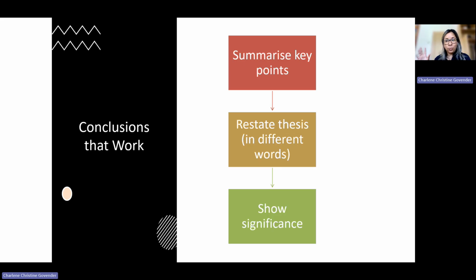It was just saying, this is what I will delve into. This is current research, these are research gaps. However, at the end, when you're doing your conclusion, you've already demonstrated your argument. So now you will end off with showing the significance of what you've written or the significance of your topic.